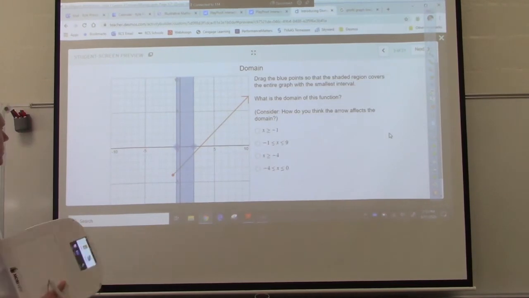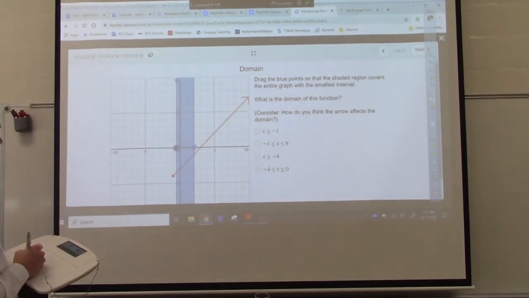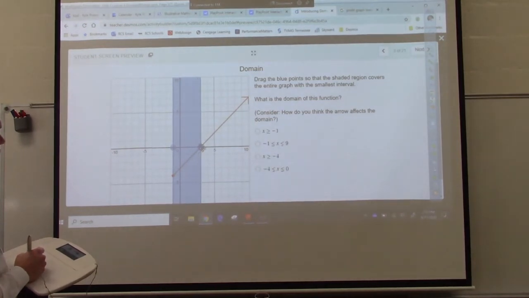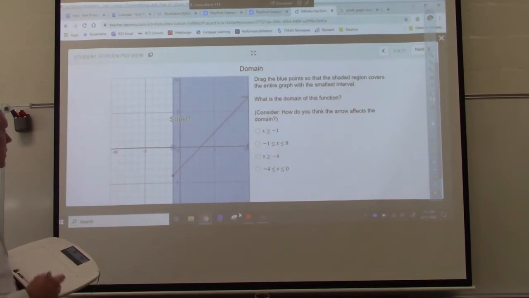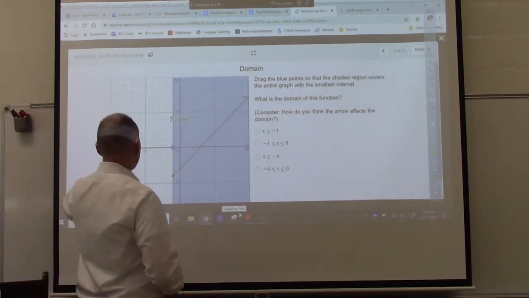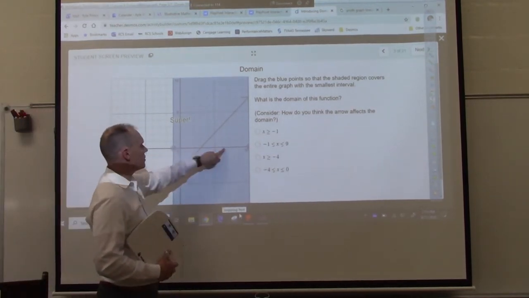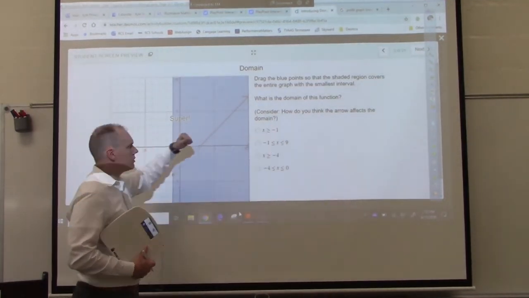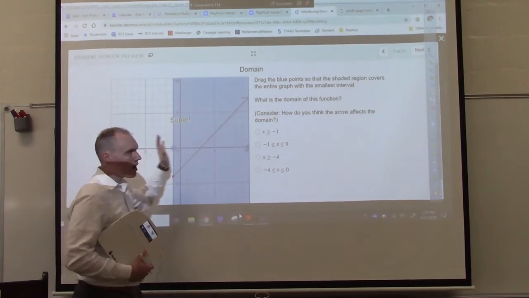Okay, so again, we're going to drag here. So we're going to drag this one to the left to cover it just there. And since this has an arrow on this one, we want to go all the way as far as we can. So it's from -1 to, I stopped at 10, but realistically it's going to keep going on forever, right? So it's from -1 and onward.